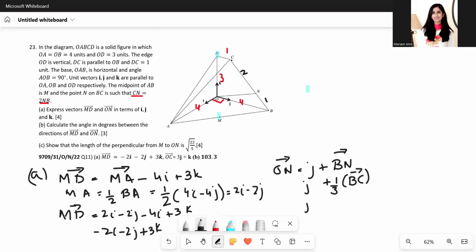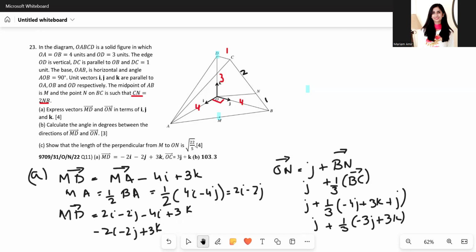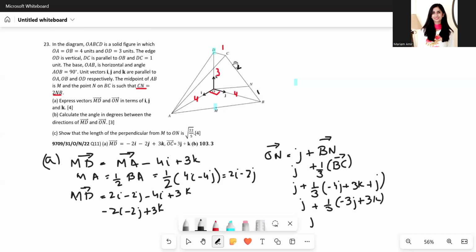So we'll write j plus 1/3 of B to O is minus 4j, O to D is plus 3k, and D to C is going to be plus j. So this would be j plus 1/3 of negative 3j plus 3k. So that would be j minus j plus k.